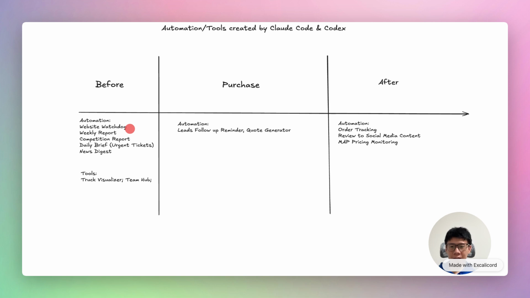Another tool that I think is very helpful lately is Website Watchdog, and it's very helpful for our backend team. They don't have to go to the pages to check if there are any grammar issues, or a missing collection or missing products.